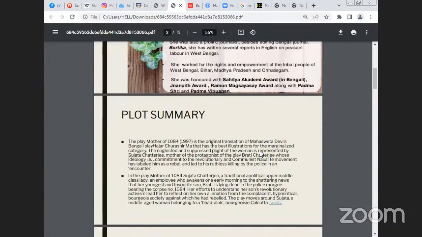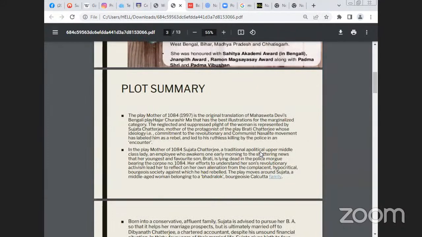This is about her story. The translation happened in 1997, of the play Hazar Chaurasi Ki Maa, Mother of 1084, and it represents a social movement.